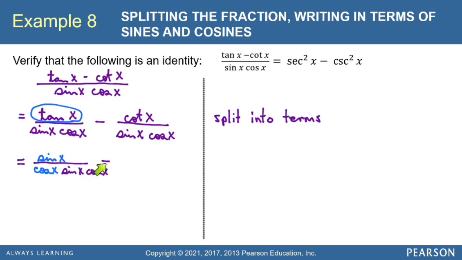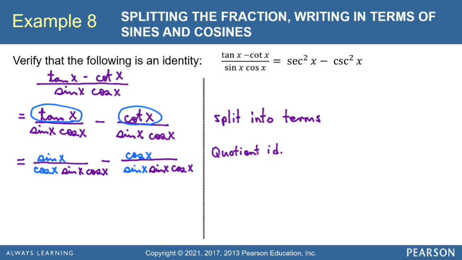Then we've got our minus sign. And then for the second fraction, let's circle cotangent of x, and let's restate that as cosine of x over sine of x. And in that denominator, we've also still got sine of x times cosine of x. Over here on the right side, to explain, let's write quotient identity, because that's the kind of identity we used on both of those terms.